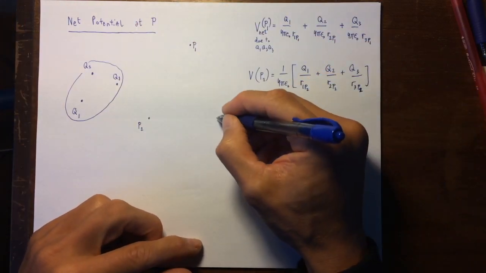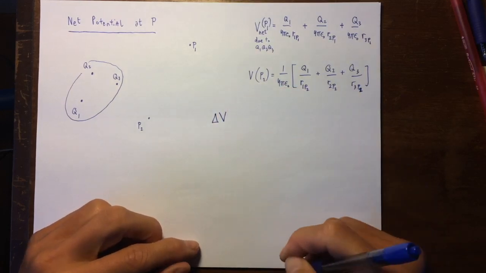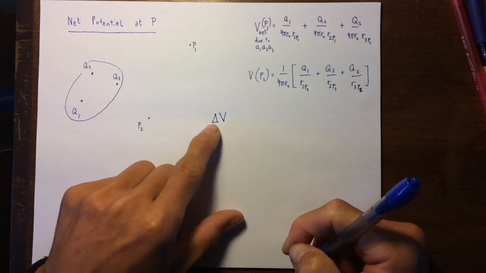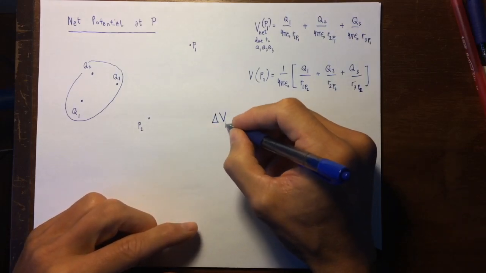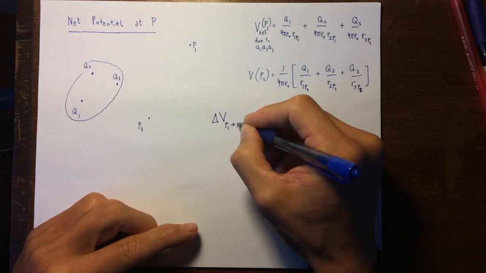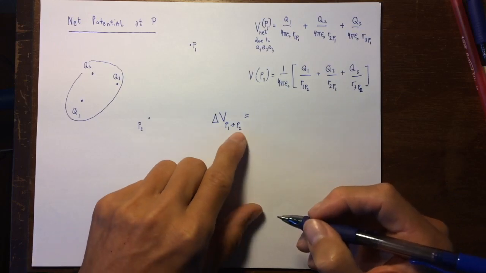So we can talk about a change in potential. So delta V from, say, P1 going to P2, this is equal to, so P2 is where you end up.